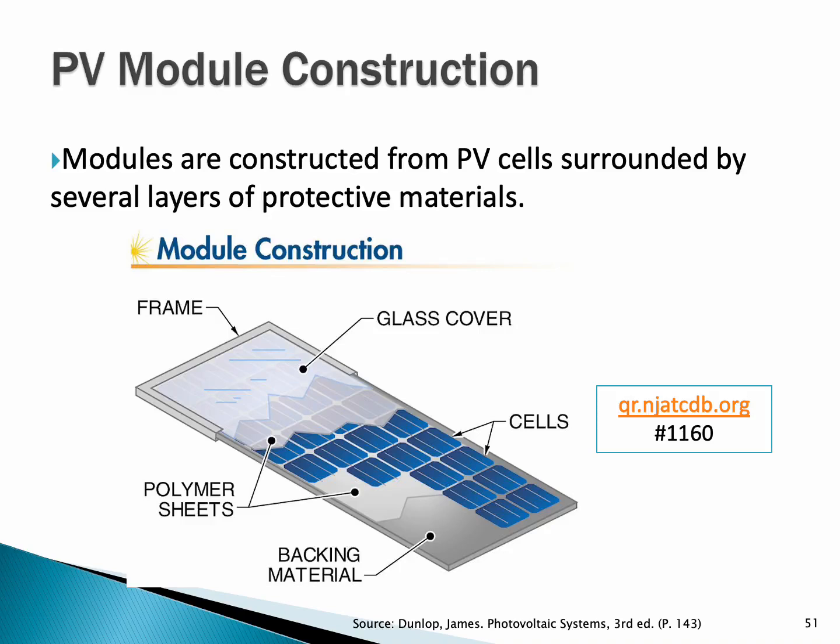Each cell putting out approximately half a volt, and those are encapsulated in a polymer sheet. And then on the back side, there's a white or black back sheet called Tedlar. And then aluminum frame, which could be clear aluminum, or it could be black or bronze or some other color.